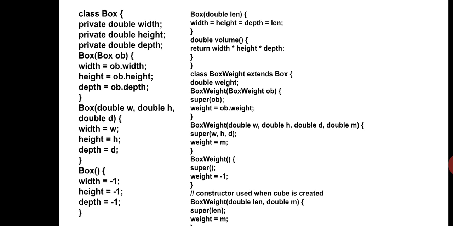That is nothing but assigning width equal to -1, height equal to -1, depth equal to -1. Because in the super you are not passing any parameter, you are just calling super, so by default the constructor of the immediate superclass will be called.